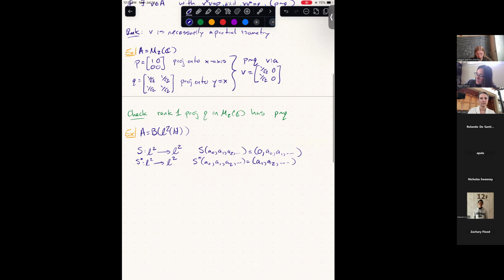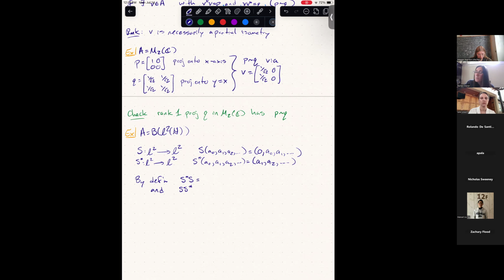Then basically, by the definition of Murray von Neumann equivalence, because S and S star are partial isometries, if I build S star S and S S star, these are going to be Murray von Neumann equivalent.